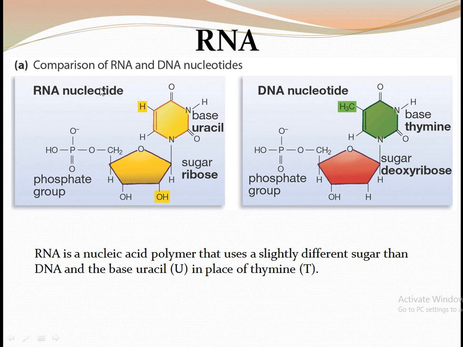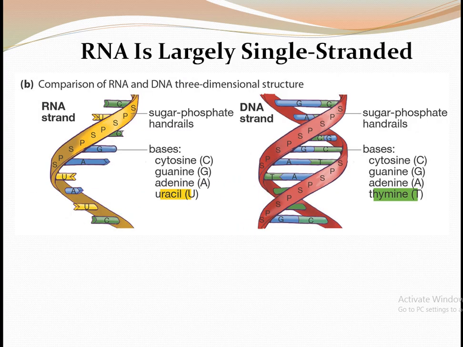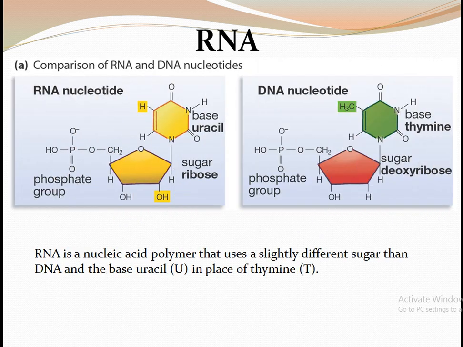Almost the whole structure is the same as the DNA with the change of the sugar, which is now the ribose instead of deoxyribose. And the second thing is that uracil is used instead of thymine. So there are some differences in the basic structure, otherwise it is almost the same as the DNA.